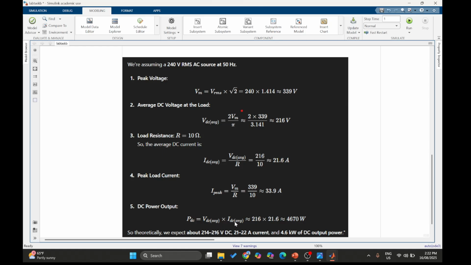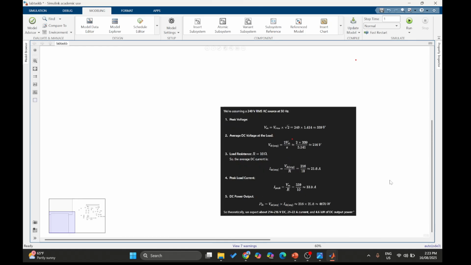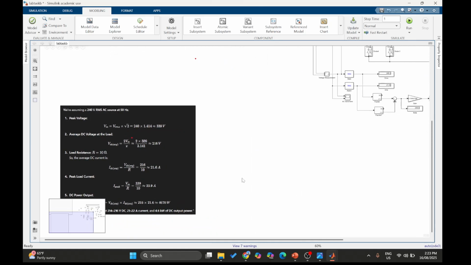We have VDC times IDC, which will give you 4670 watts. Theoretically, when I calculated, I'm getting 214 to 216 VDC and 21 to 22 amps current and 4.6 kilowatt of DC output power. So this is what I am expecting after simulating my model.